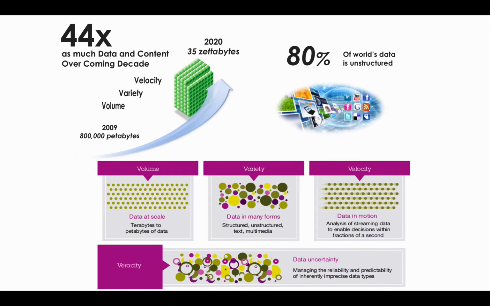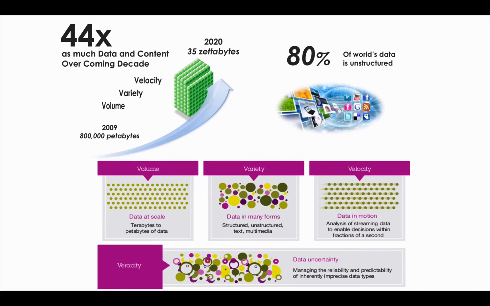If you look at big data, it comes in different forms. When we talk about data at scale, there is the volume, from terabytes to petabytes of data. Secondly, there is the variety of the data. It is in many forms, either structured or very unstructured. It comes from sensors, from back-end systems, in the form of text and multimedia.